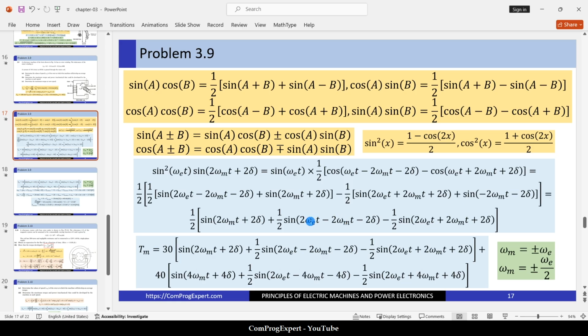The difference between omega e and omega m is important here. In this term, we have omega e and omega m, and their summation is important. In all terms, we have delta. Okay, so this is the simplified version of this product.